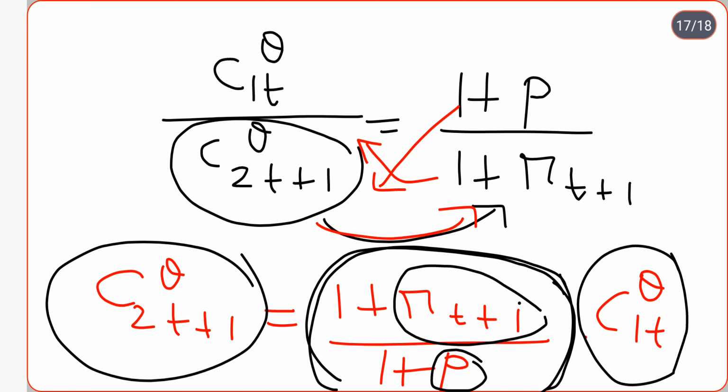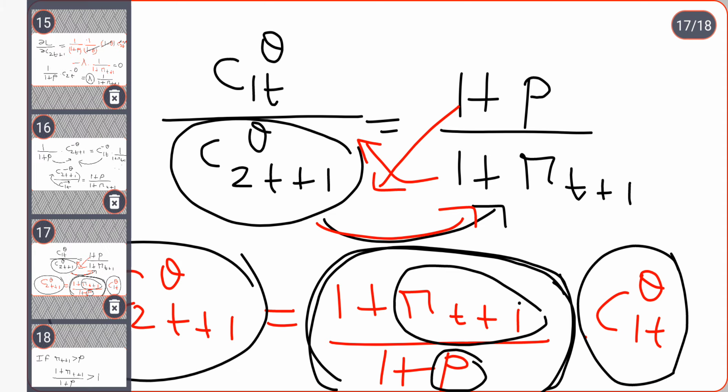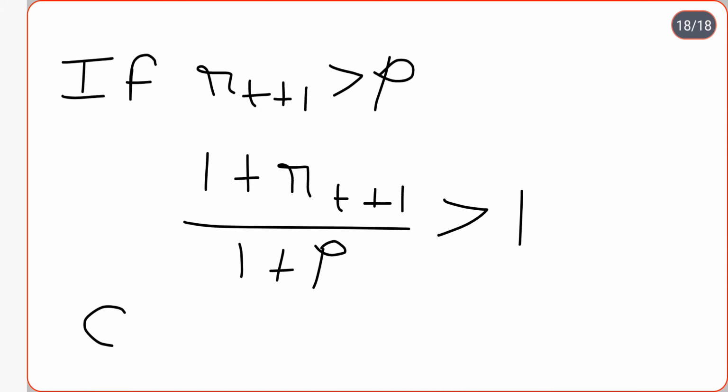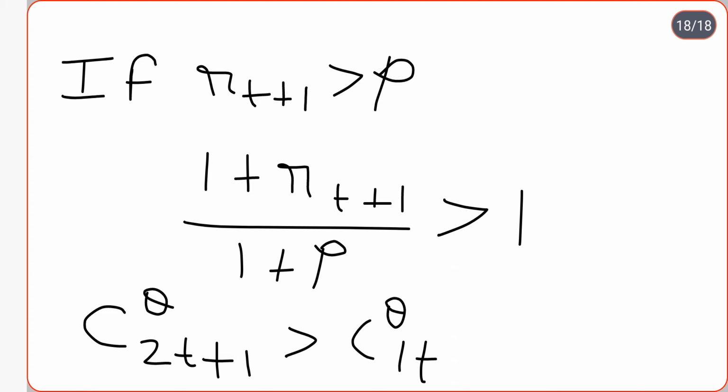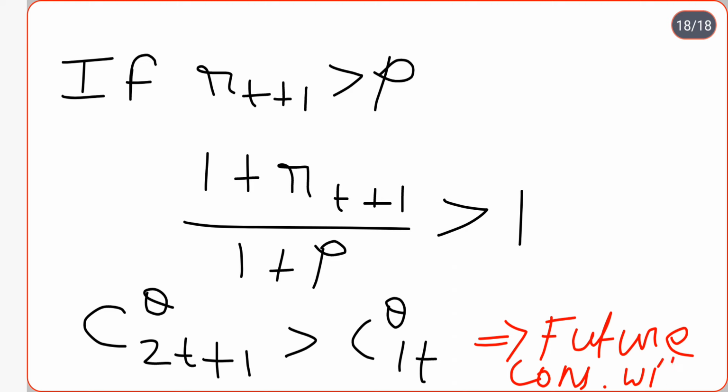So obviously c2t plus 1 to the power theta is greater than c1t to the power theta. Okay, and obviously, what is the implication of this? The implication of this is that the future consumption will be greater.